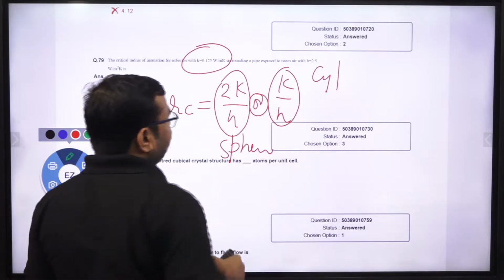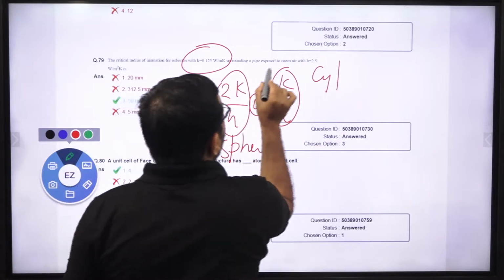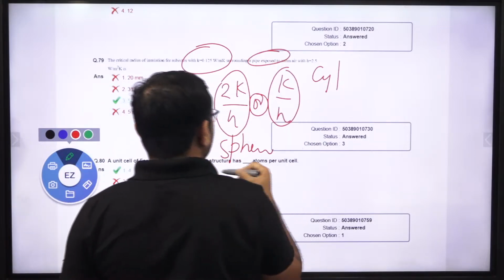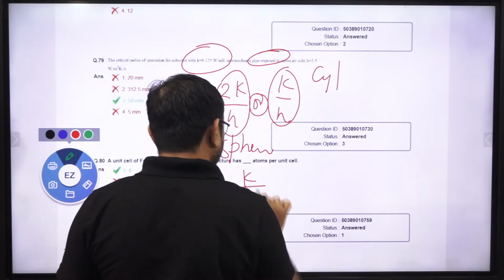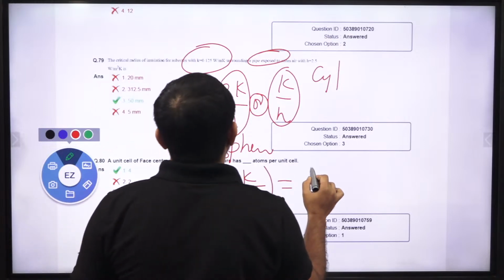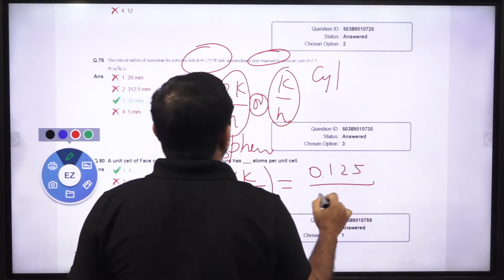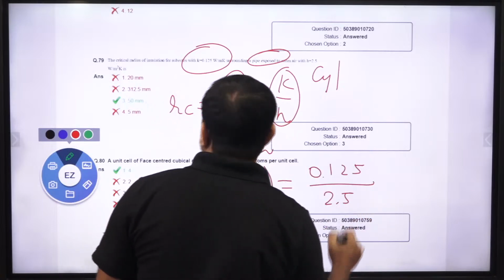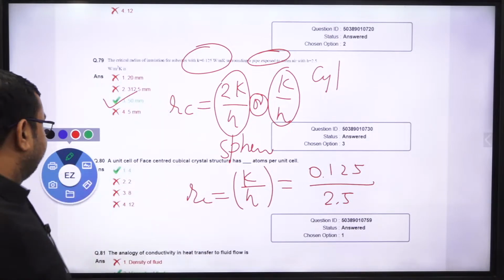Obviously here we have the critical radius of insulation of the asbestos surrounding a pipe. Pipe is given, so we use cylinder, and we can use this relation: RC is equal to K by H. Here K is 0.125 watt per meter Kelvin, and H is 2.5 watt per meter square Kelvin. When you solve this, you will get 50.